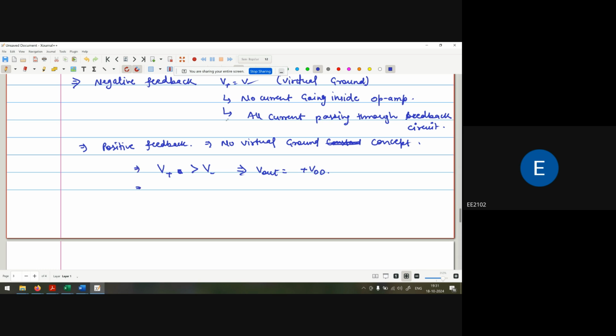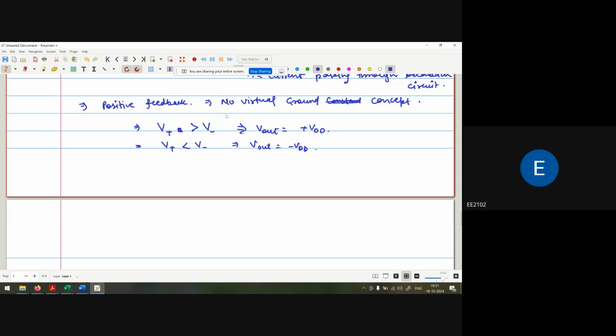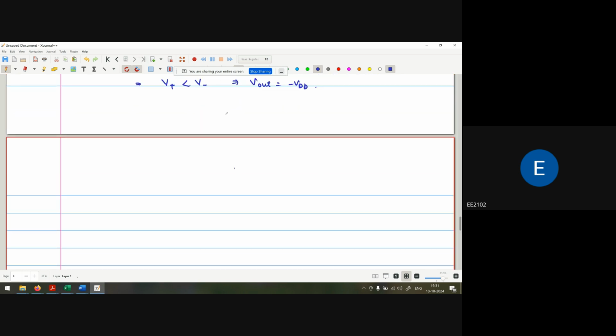The second situation is that if V positive is less than V negative, or V negative is higher, then V out is negative. At one point V positive is greater, and at another point V negative is greater.